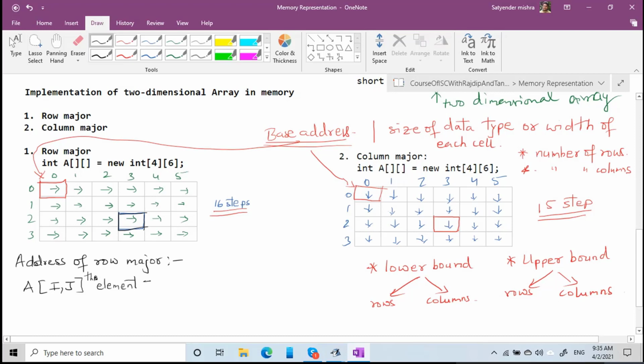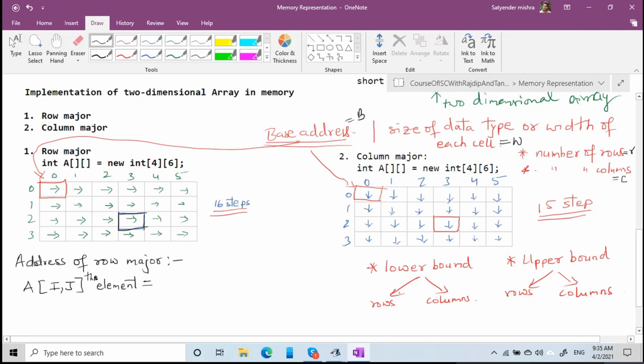So first is the base address, so base address is equal to say B. The size of data type or width of the cell is say W. And the number of rows is equal to R and the number of columns is say C, fine.